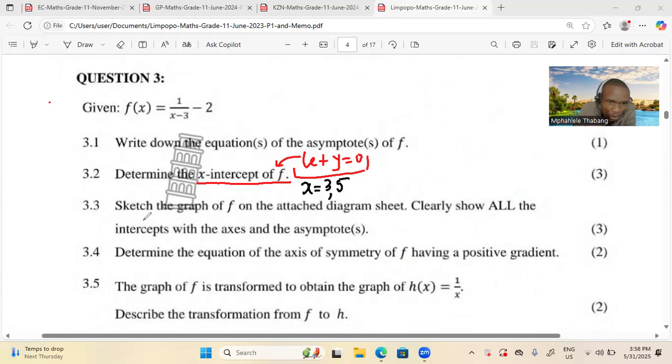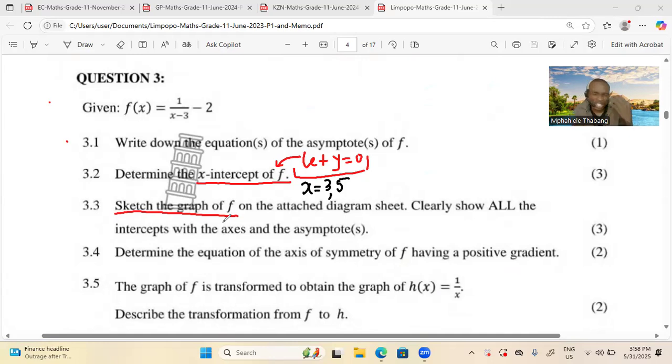In order for us to sketch the graph of a function, we need the x-intercept and also the y-intercept. On 3.2, we found the x-intercept of this hyperbola. So in order to sketch this graph, we must also find the y-intercept.